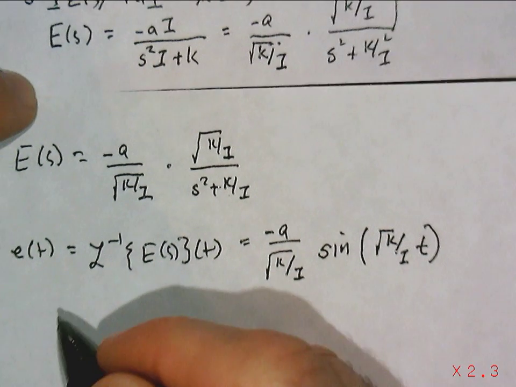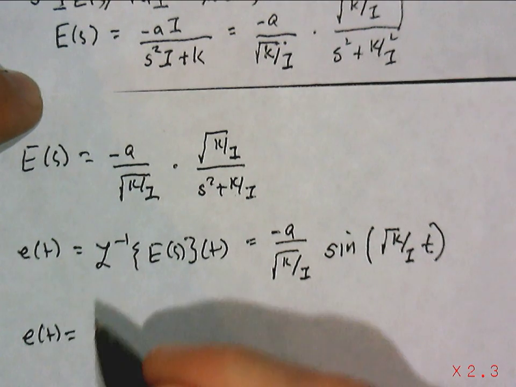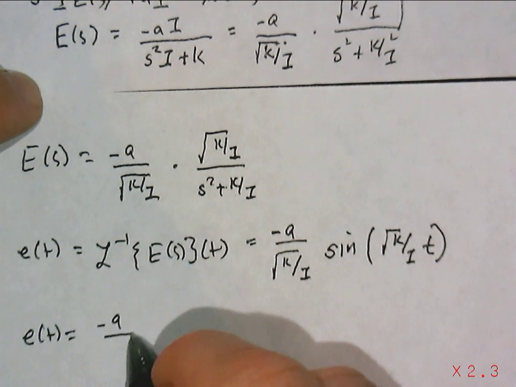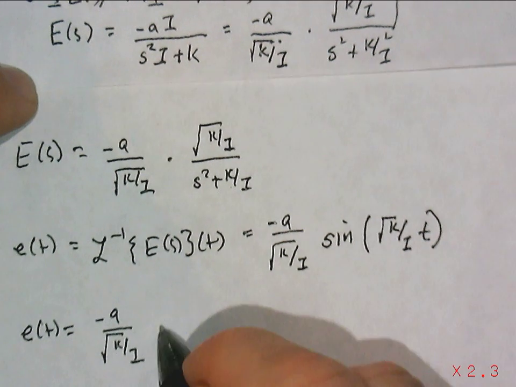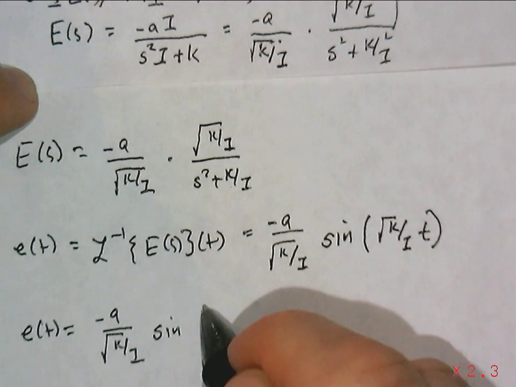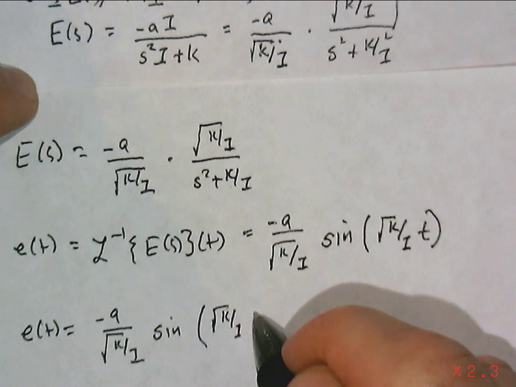So the deviation function we were interested in solving for the servo mechanism is given by minus a over the square root of k divided by I, times the sine of the square root of k over I, t.